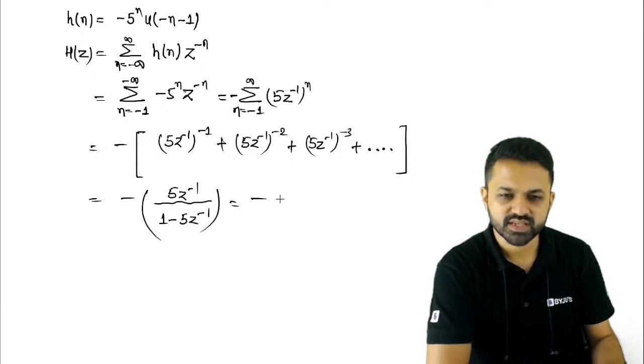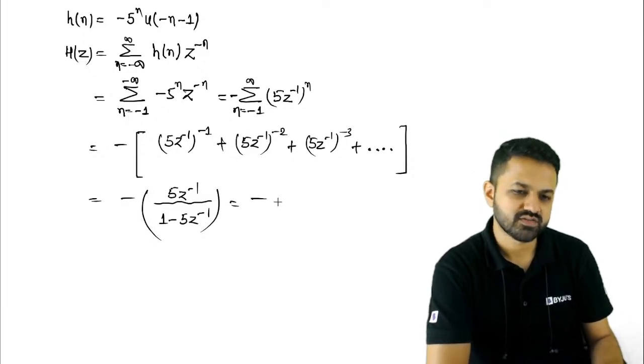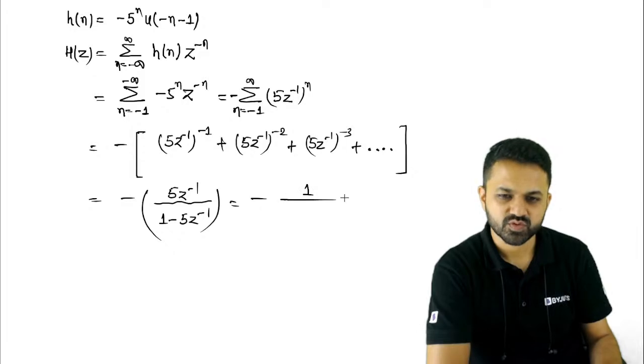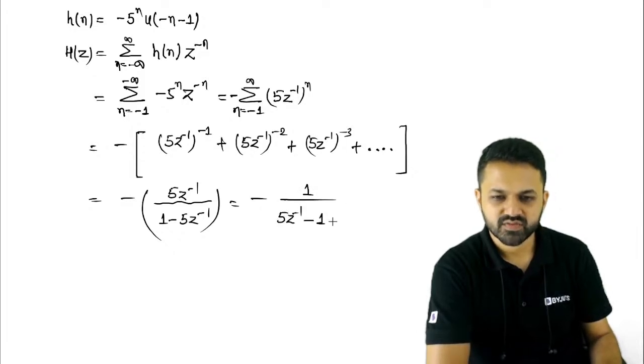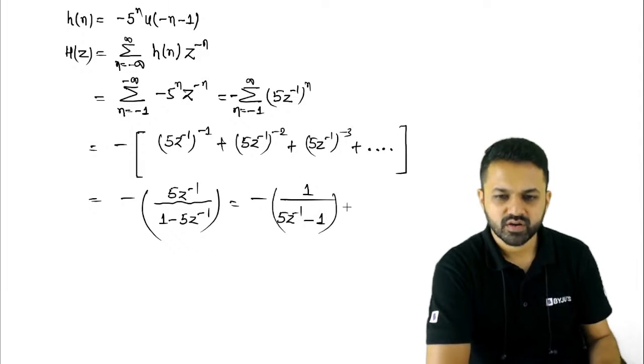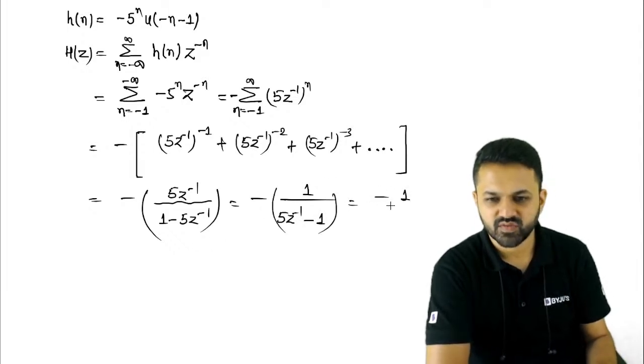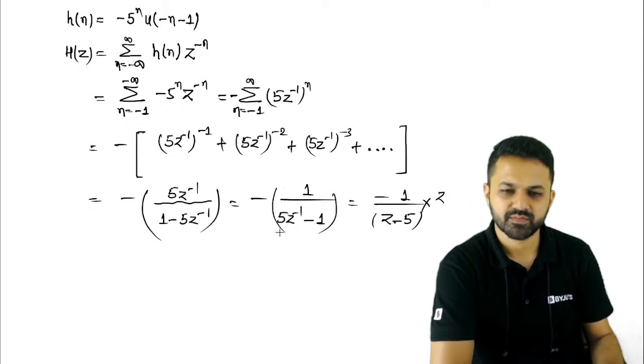Now if we solve this, we divide by 5 z inverse, so we get 5 z inverse minus 1, or you can write it as minus 1 upon z into z minus 5, because this is 1 by z.